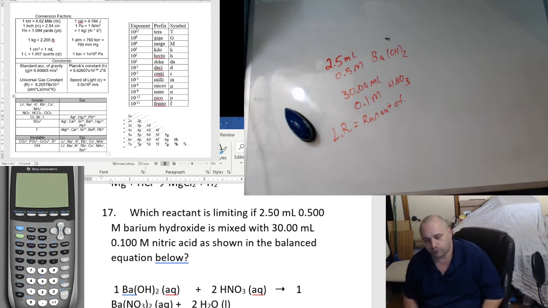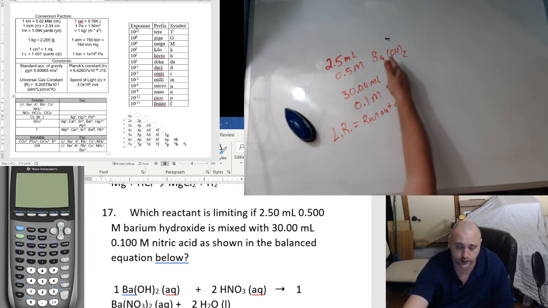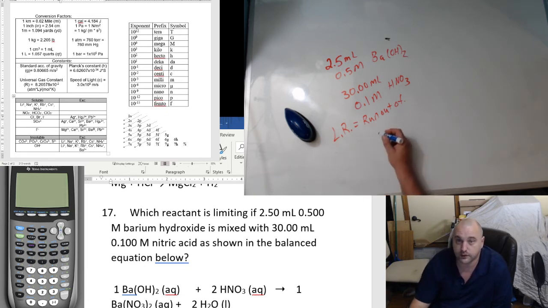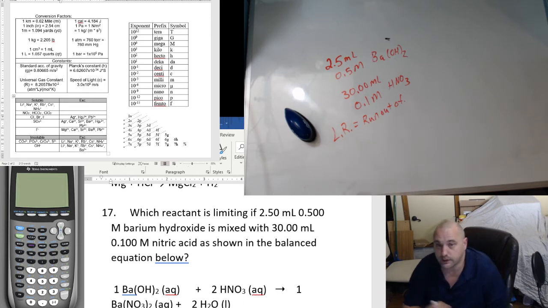All right. I can convert one into the other, or I can go to moles. So here's what I'm going to do: I'm going to figure out how many moles I have of each of these. And then I can use my mole to mole ratio given in the balanced equation.